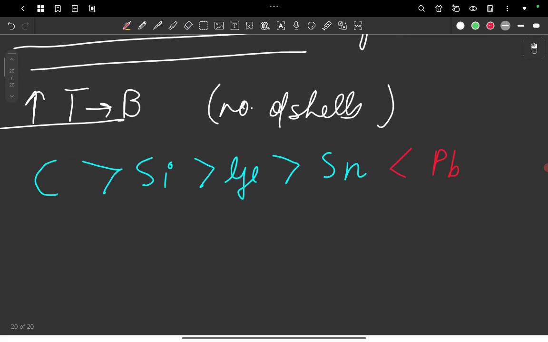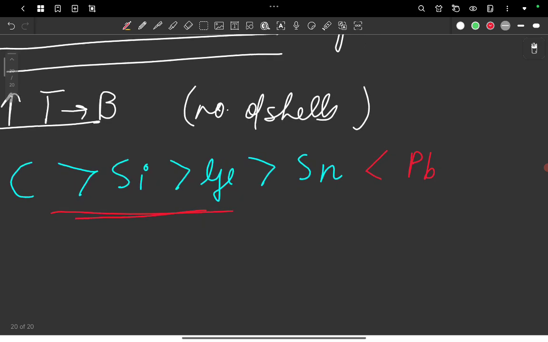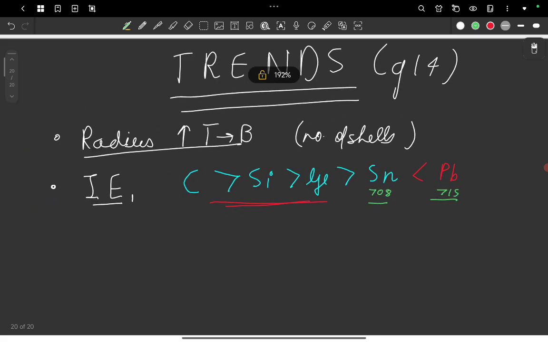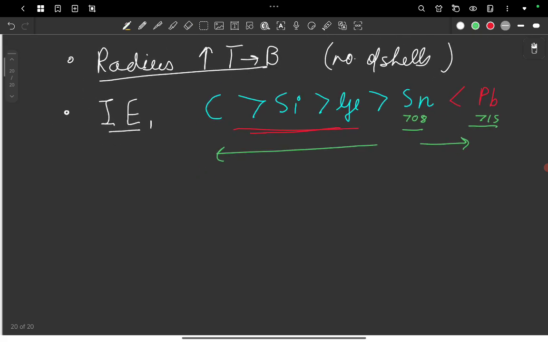Lead is still smaller than all of these, but for tin it is 708, and for lead it is 750. It is a very minute difference, but still a difference is a difference, and it's worth noting that the ionization enthalpy increases from Sn to Pb but decreases from carbon to tin.